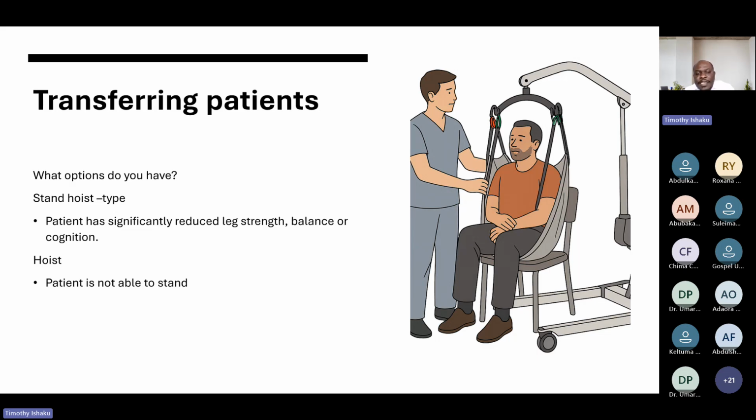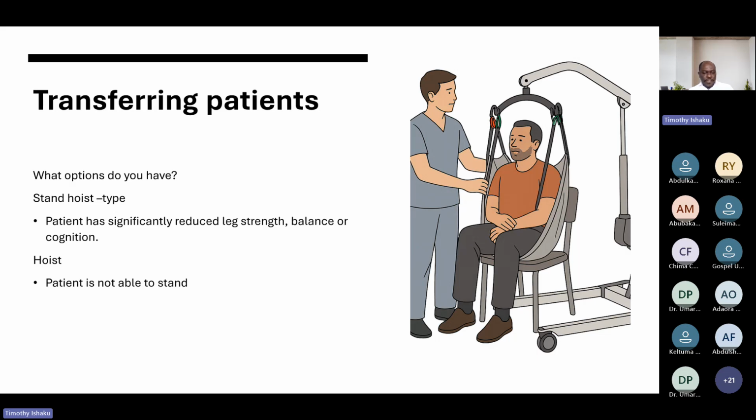You have to check that there is no wear and tear, because the last thing you want is a patient hanging suspended in the air, and then the slings will just tear or give way and your patient will come crashing down. So one of the safety checks you always have to do if you come across slings is to check that there is no wear and tear on the slings itself.